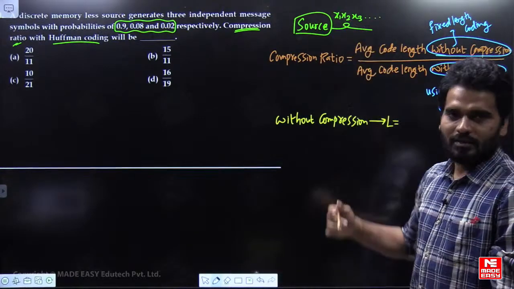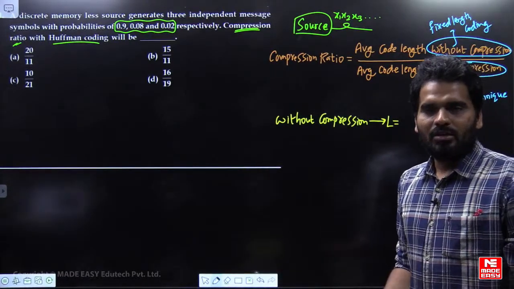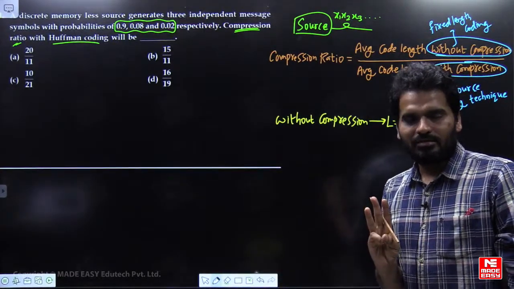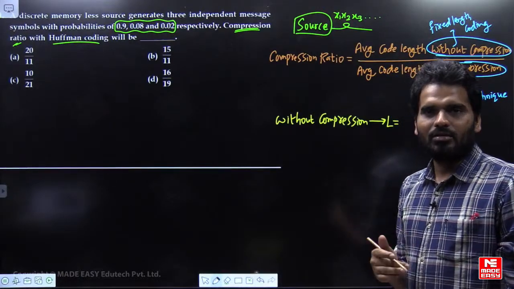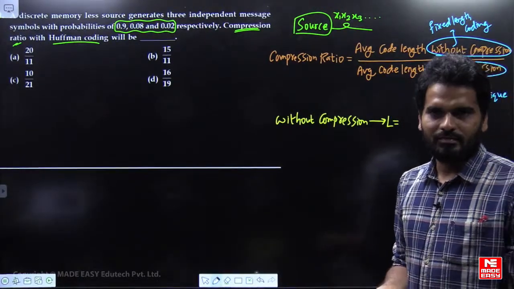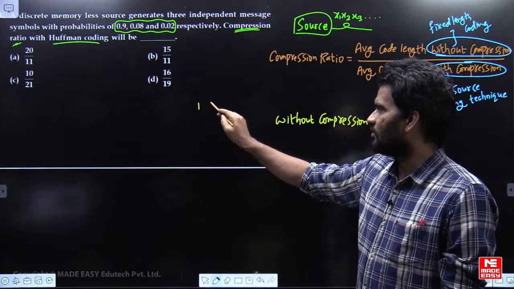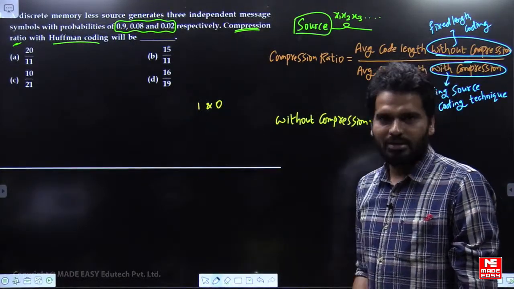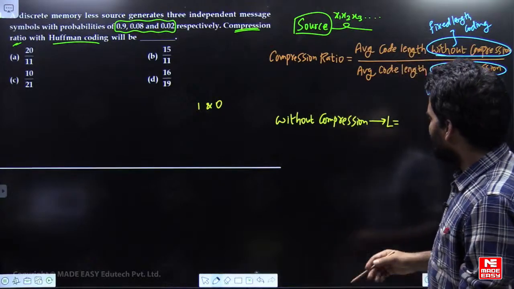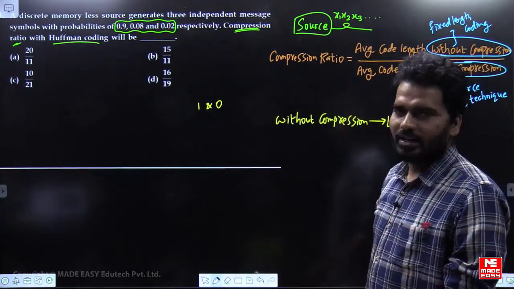Here there are three symbols. To do coding of three symbols we need three binary codes. To generate three binary codes we need at least 2 bits, because with 1 bit only 2 codes can be generated, 1 and 0.